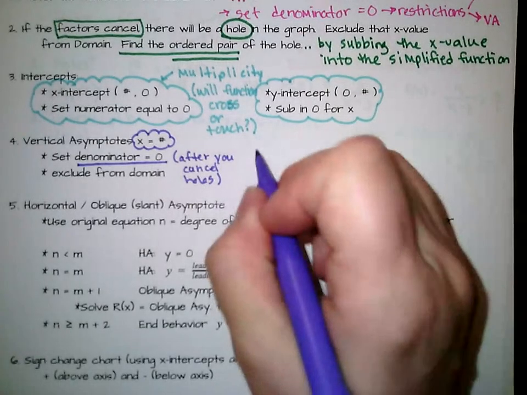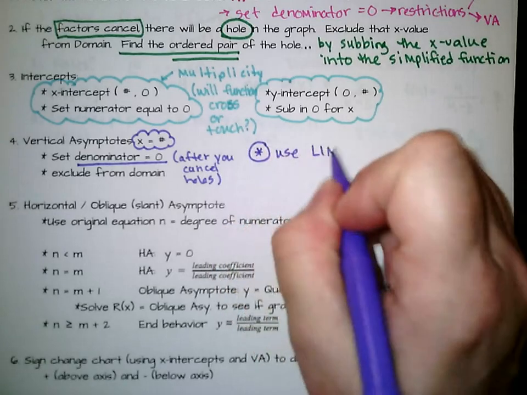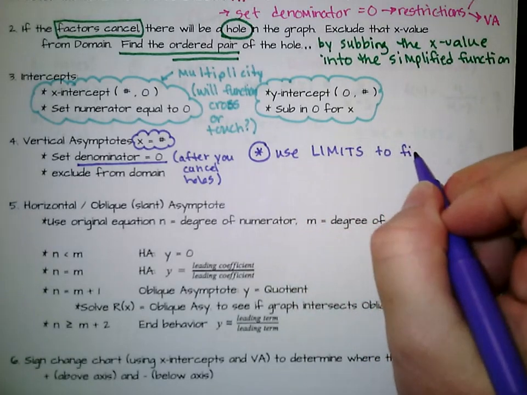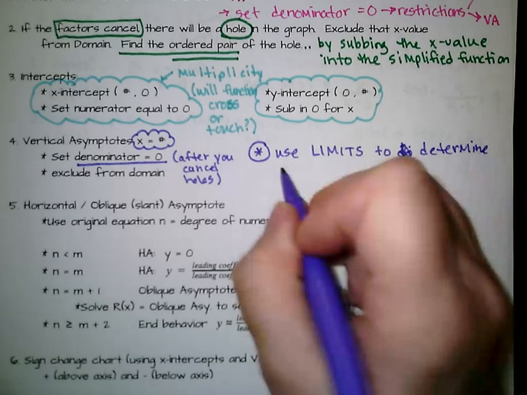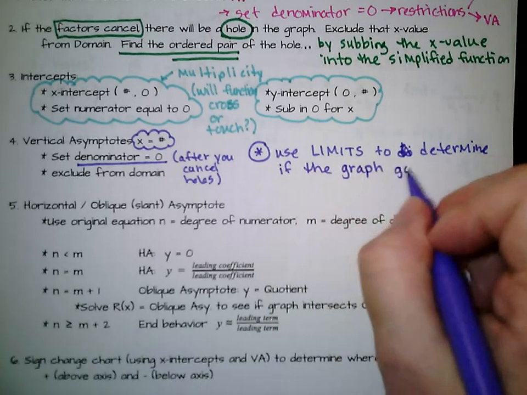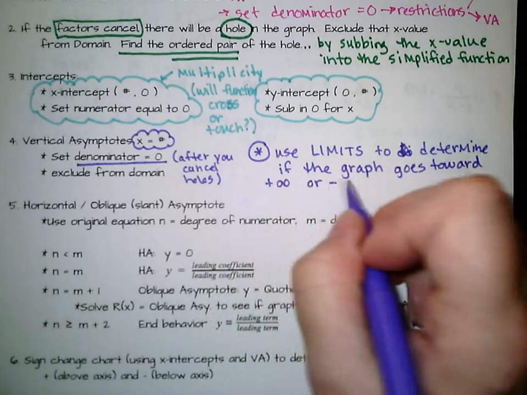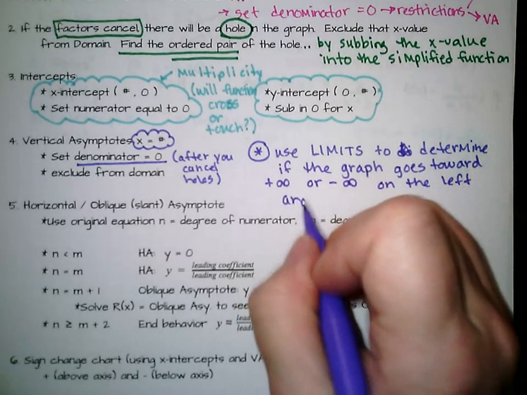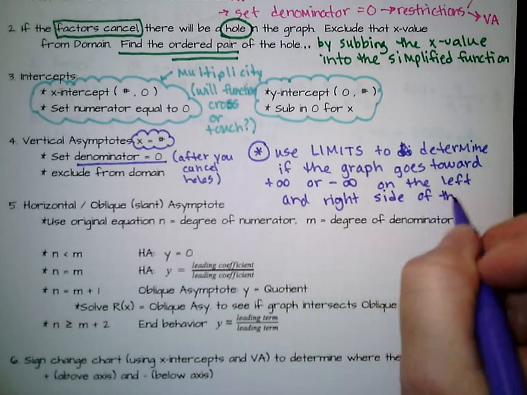Once you find your vertical asymptotes, remember that we need to use limits to determine if the graph goes toward positive infinity or negative infinity on the left and right side of the vertical asymptote.